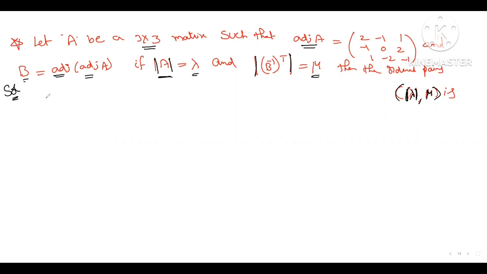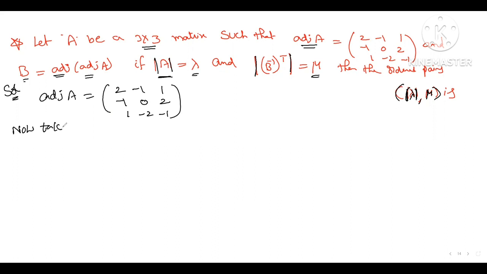So from the statement, adjoint of A is [2 -1 1; -1 0 2; 1 -2 -1]. First, find the delta of A value. How to find delta of A?